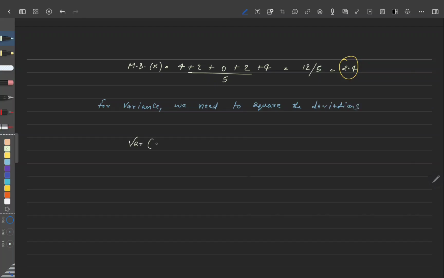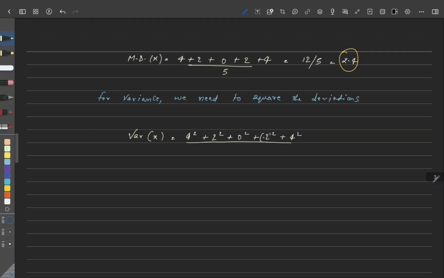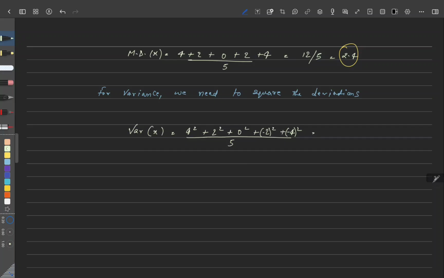So variance of x is equal to 4 square plus 2 square plus 0 square plus 2 square plus 4 square. Whether you square minus 2 or minus 4 doesn't really matter. So we haven't taken the absolute deviations, but we simply took the deviations and squared them. Then we take the mean of these squared deviations, which comes out to be 40 by 5, which equals 8.